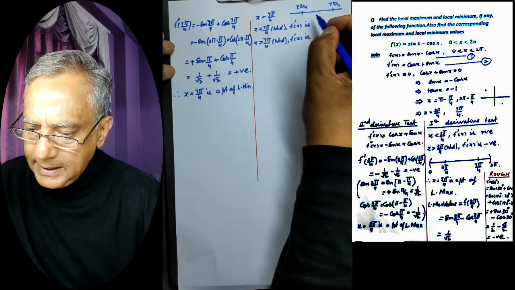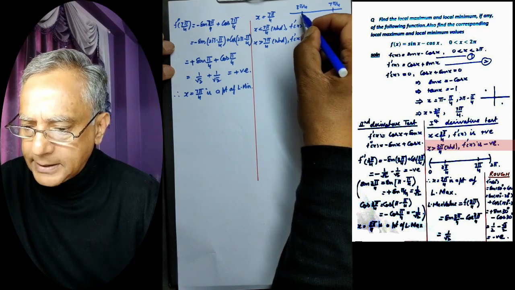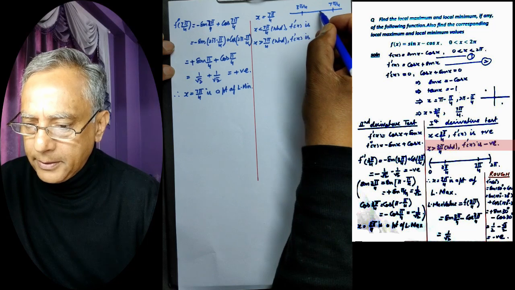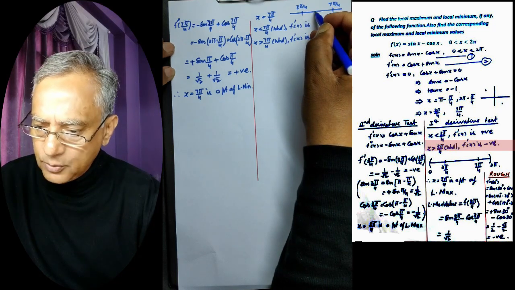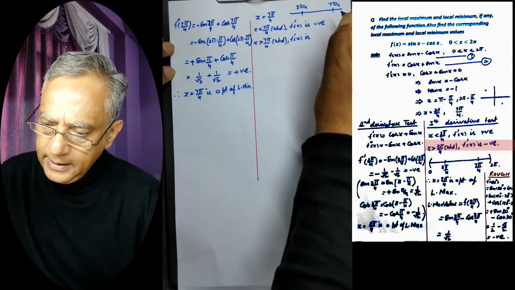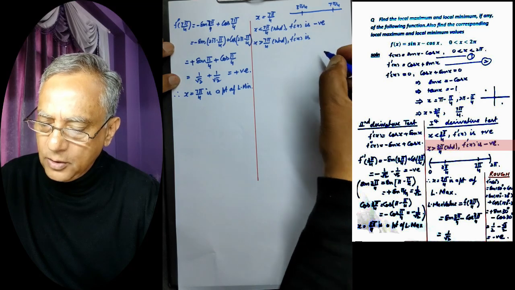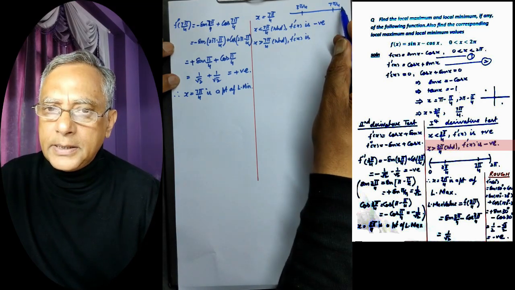Now for x less than 7 pi by 4, the sign is same as for x greater than 3 pi by 4. Now for x greater than 3 pi by 4, the sign of f dash x was negative. So this is negative. And we shall now find the sign of f dash x for x greater than 7 pi by 4.